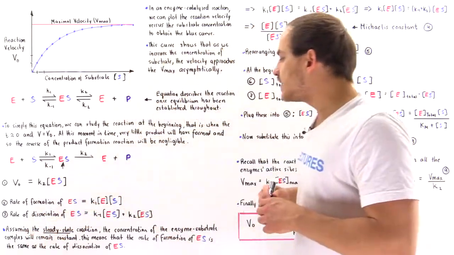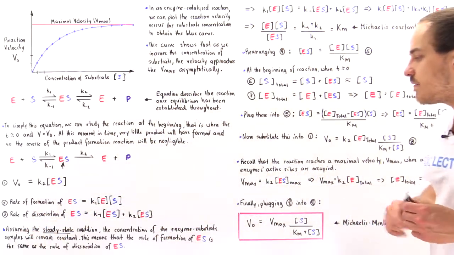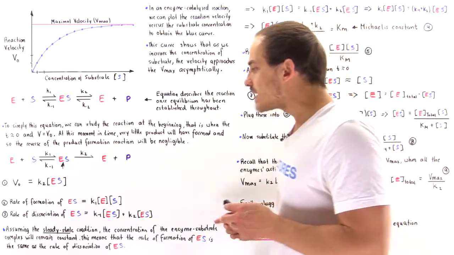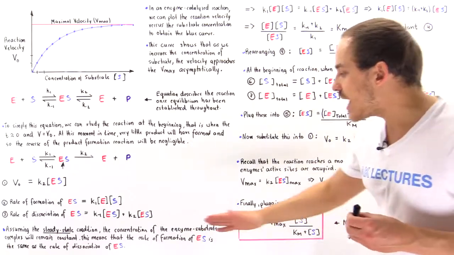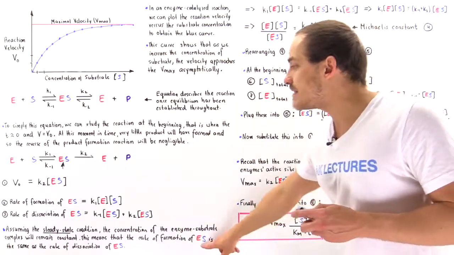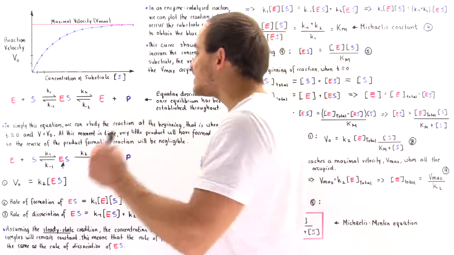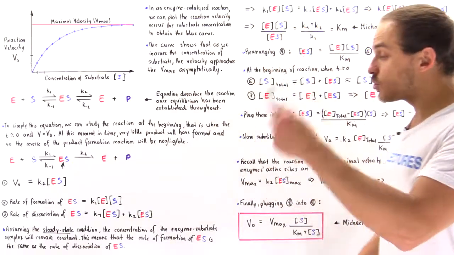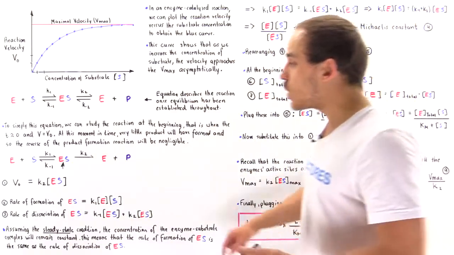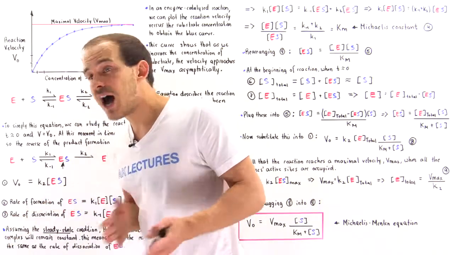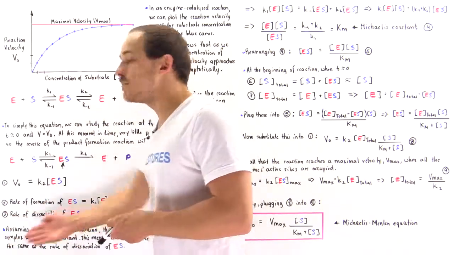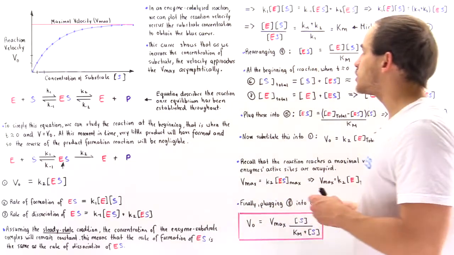So assuming the steady state condition, the concentration of the enzyme substrate complex will remain constant. And this means that the rate of formation of the enzyme substrate complex is the same as the rate of dissociation. So equation number 2 is equal to equation number 3 because we make this assumption of a steady state condition.